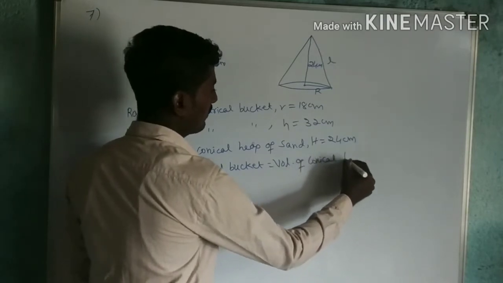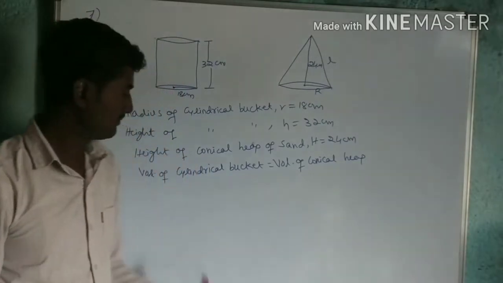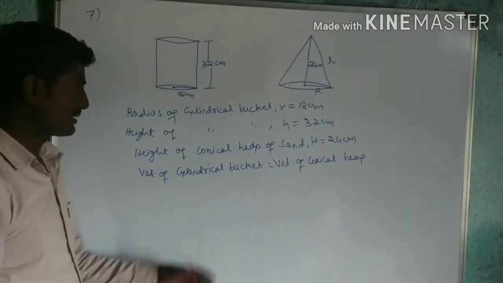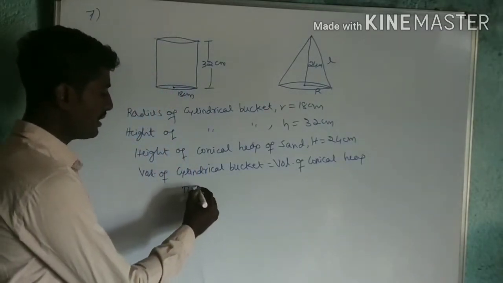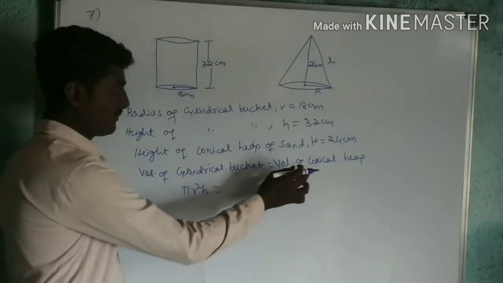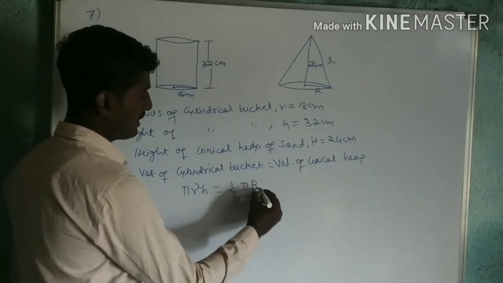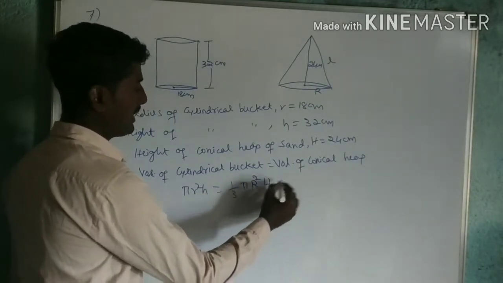Okay. Now write the formula for this. Pi R square H according to the given data. Now here, 1 by 3 pi R square capital H.